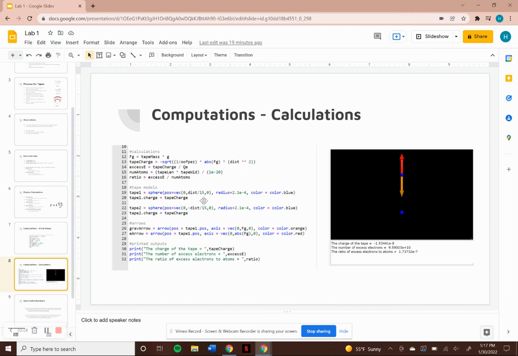And then we have to show two spheres, the top one indicating the top tape and the bottom one indicating the bottom tape. And then we have two arrows here. The bottom arrow is gravitational force, and the top arrow is the electric force. As shown before, using our properties, we know that these are equal and opposite, and now we can visualize that.